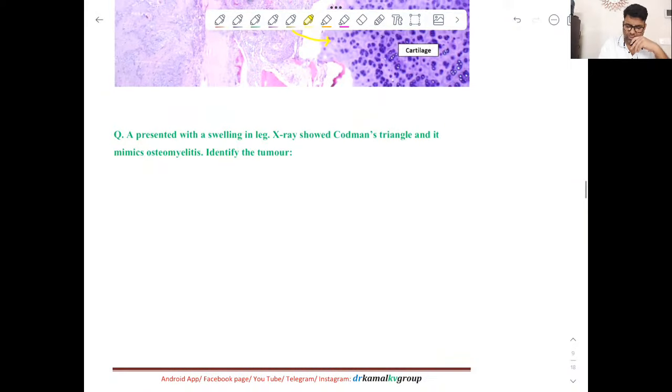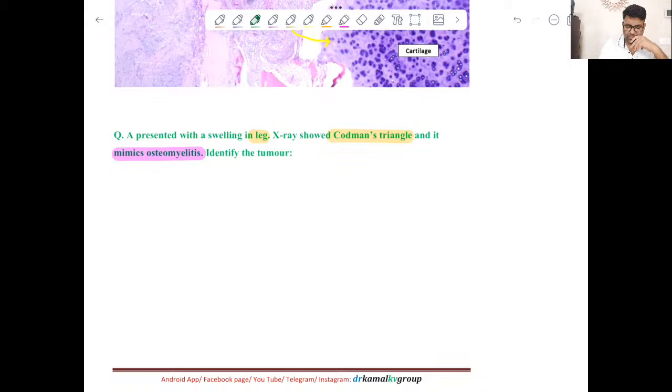Okay. The next question was a slightly tricky question, and here a patient presented with swelling in the leg and the X-ray showed Codman's triangle, but there was an important clue that this tumor mimics osteomyelitis. Now what does this mean?